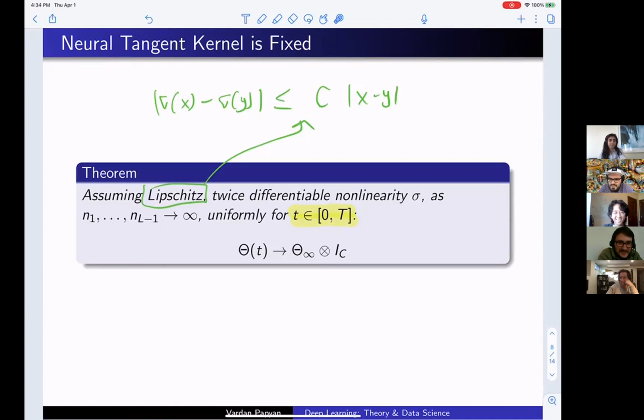Luke is asking, what is capital T? Capital T is time, which is basically the time for which you train the network. So imagine you train the network for t between 0 and capital T. Does that make sense?